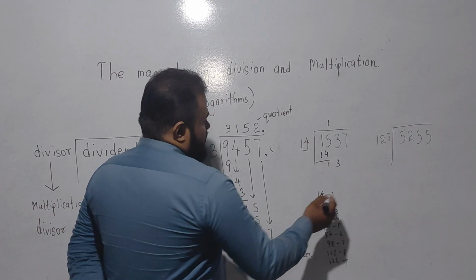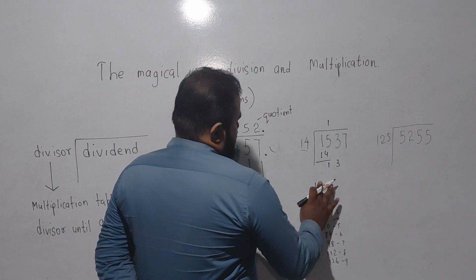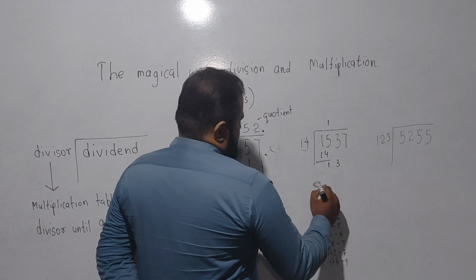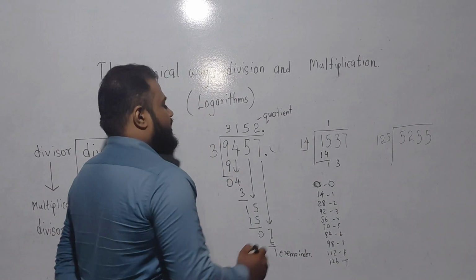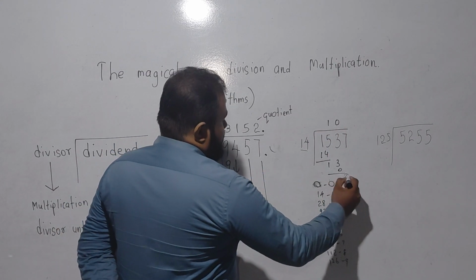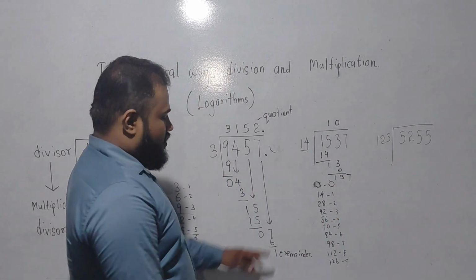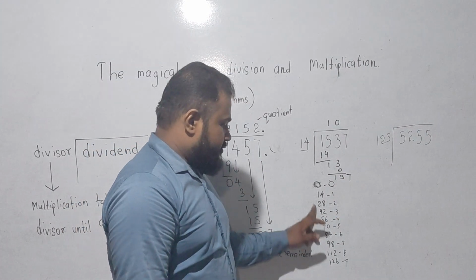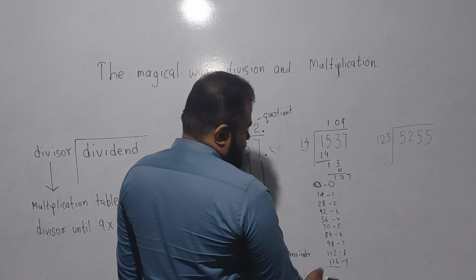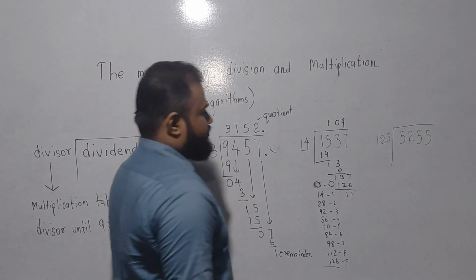Take this 3. 13 has no 14. So put a 0. 0 times 14, 0. Take this 7. For 137, how many? 9. 9 times 14, 126. Remainder 11.